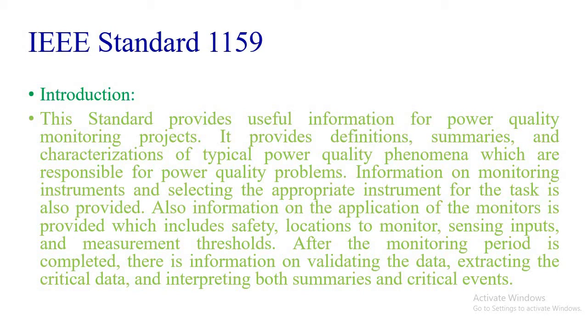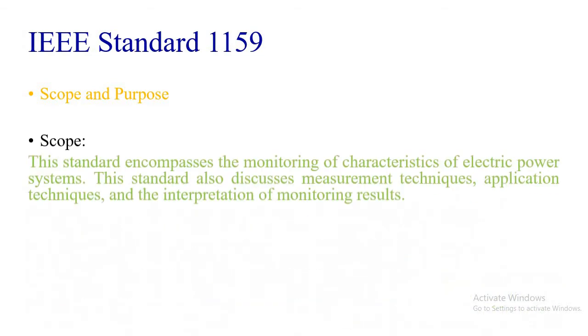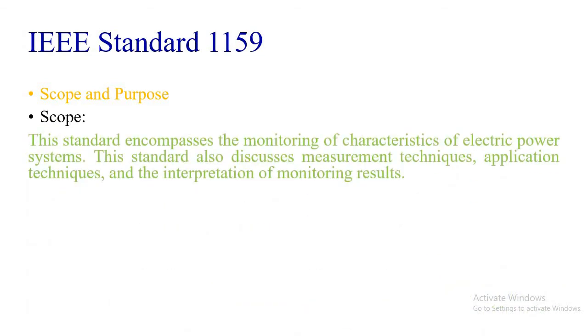Now, what is the scope of this standard? This standard focuses on the monitoring of characteristics of electric power systems. It includes consistent description of conducted electromagnetic phenomena occurring on the power system.